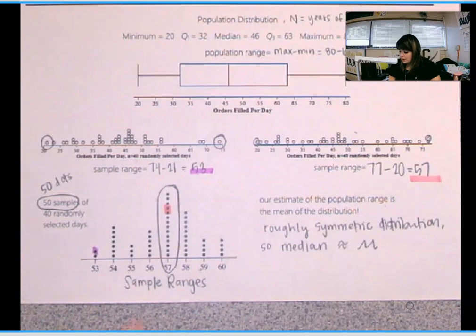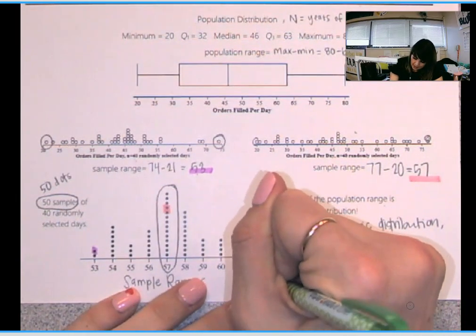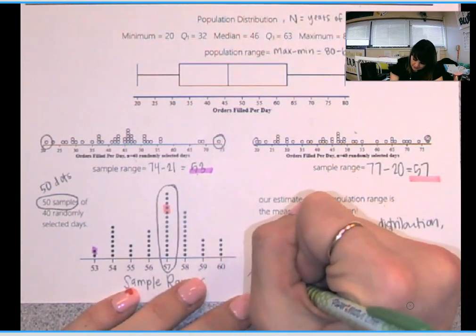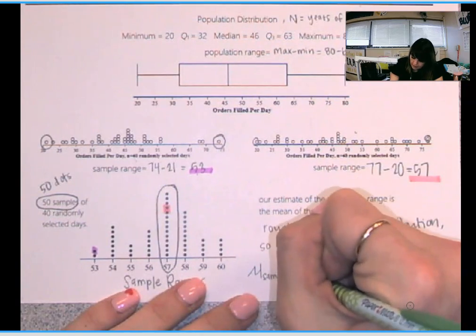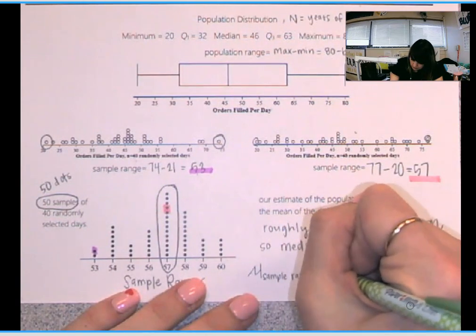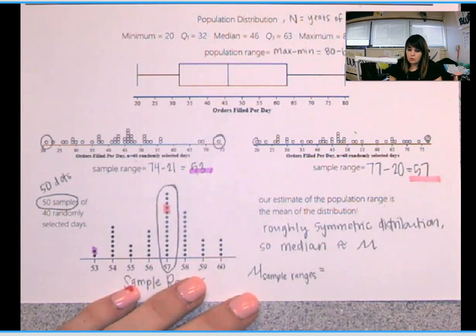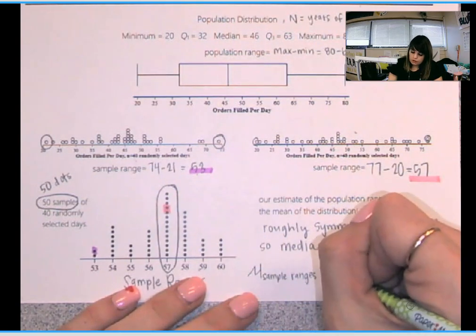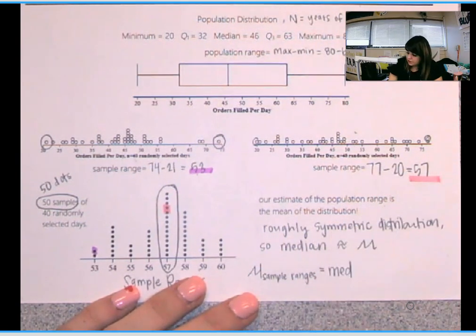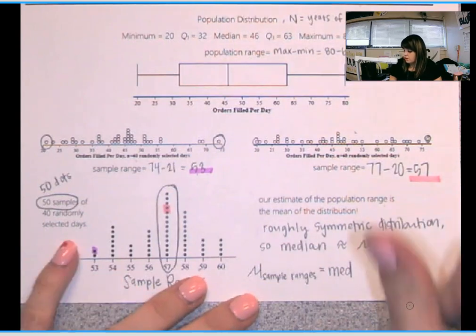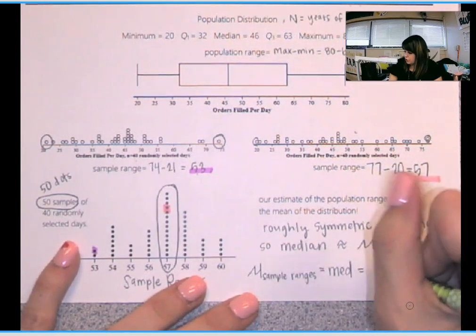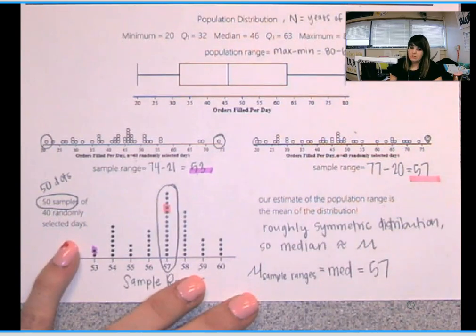So here's how I'm going to write this. The average of the sample ranges is equal to the median of the distribution, which is equal to 57.